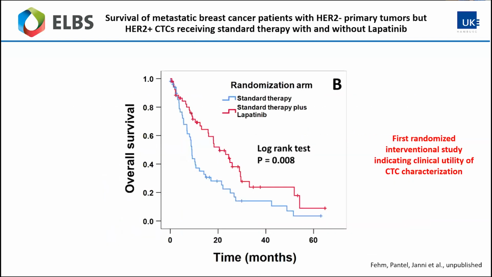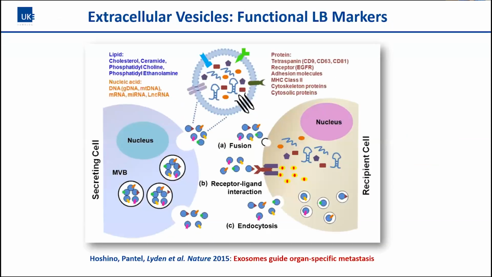And this is the unpublished result of the overall survival analysis. You see the red curve are the patients that received the standard therapy plus lapatinib, and the blue curve the patients that received only the standard therapy, and there was a significant improvement. So I think that is the first randomized interventional clinical trial suggesting some utility of characterizing CTCs.